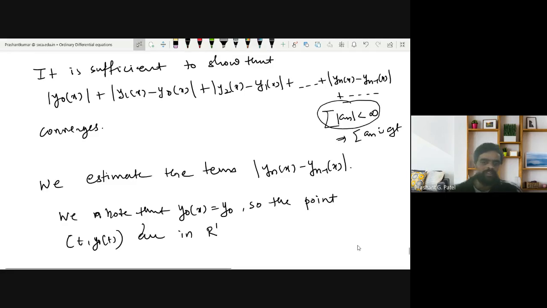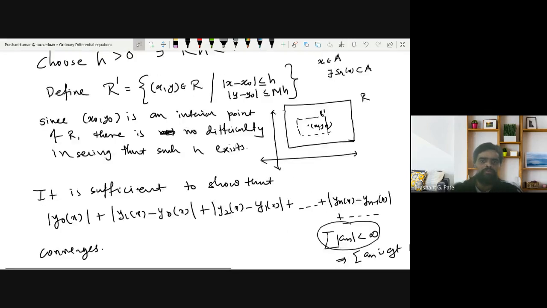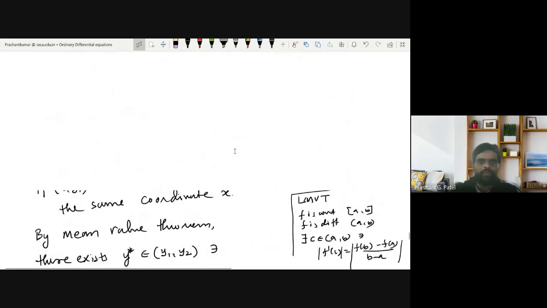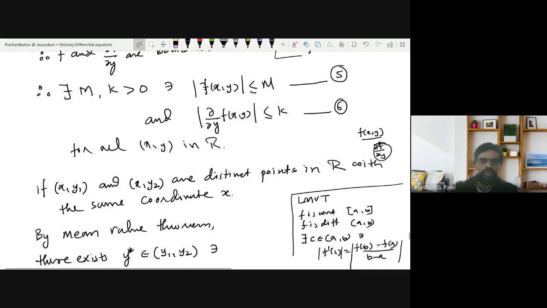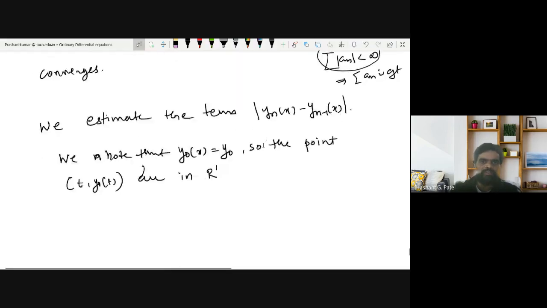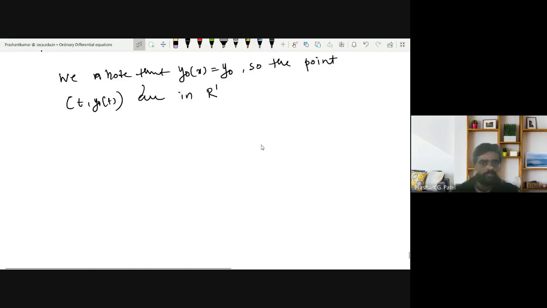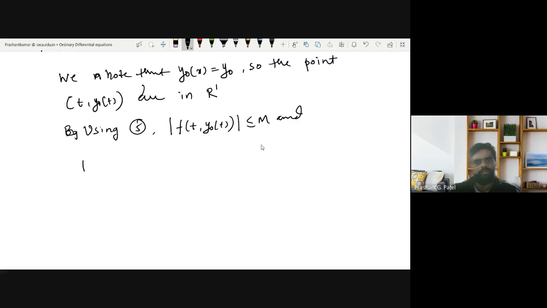And since it is in R dash, and we have seen that this function f is bounded due to inequality 5, using 5, mod of f of t comma y0 of t is less than or equal to M. And y1 of t minus y0: so what is y1 of t?